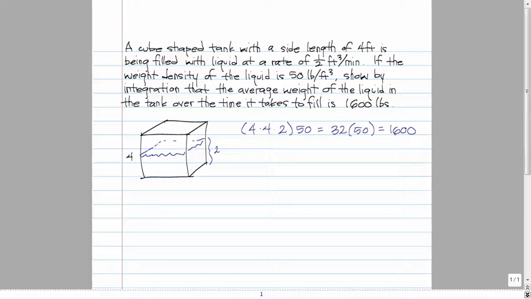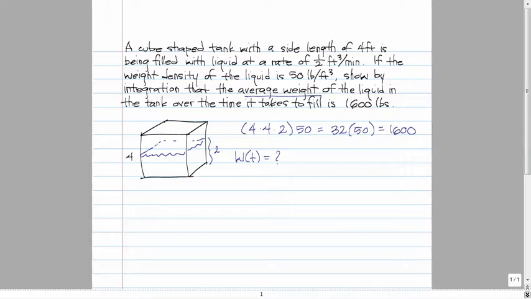The first thing we need to do if we're going to use the average value formula is to find the function that we're trying to find the average value of. So in the problem we see average weight, and that lets us know that there's a function w of t, the weight function, that we're trying to find the average value for.